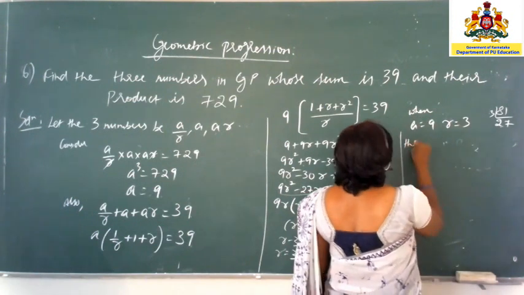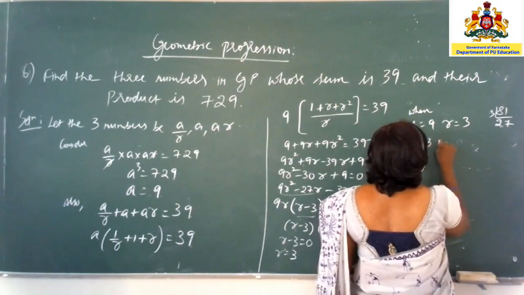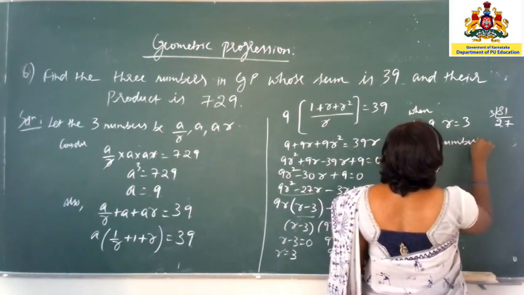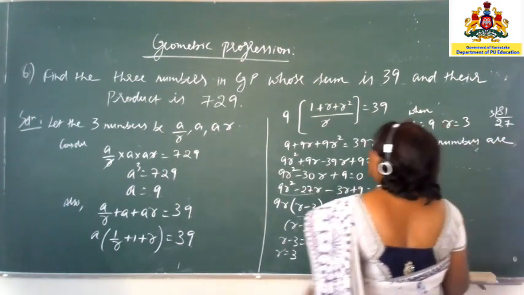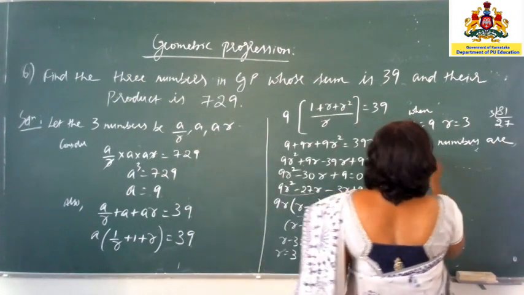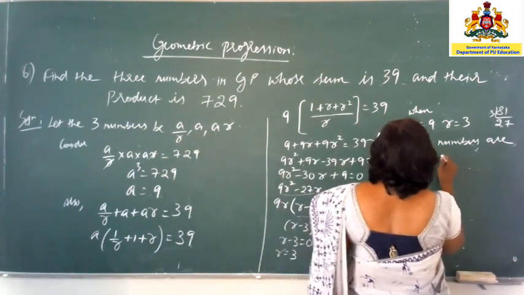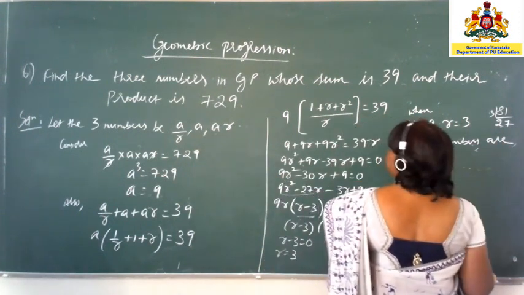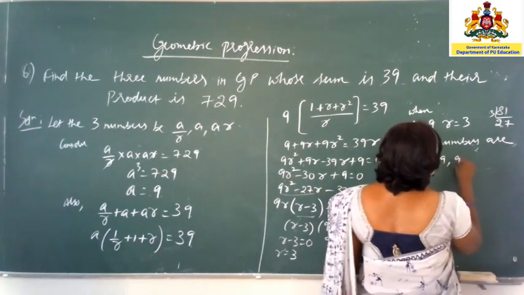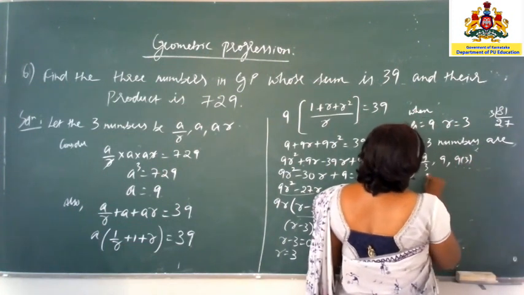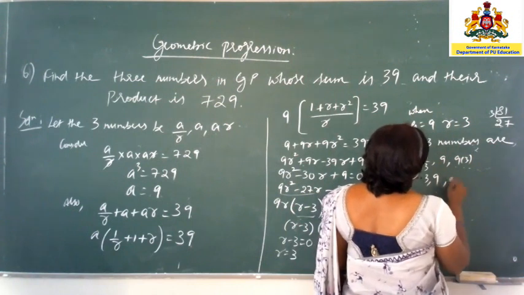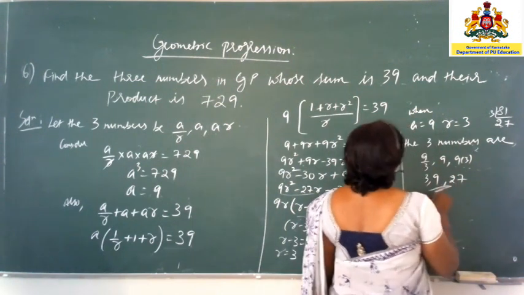So the three numbers are A by R, that is 9 by 3, A is 9, then 9 into R, so 9 into 3. So that will be 3, 9, 27.